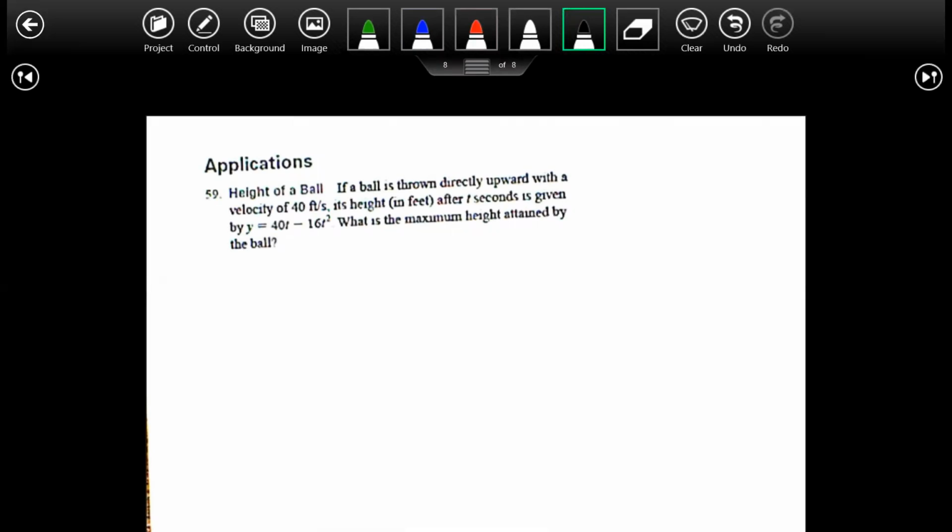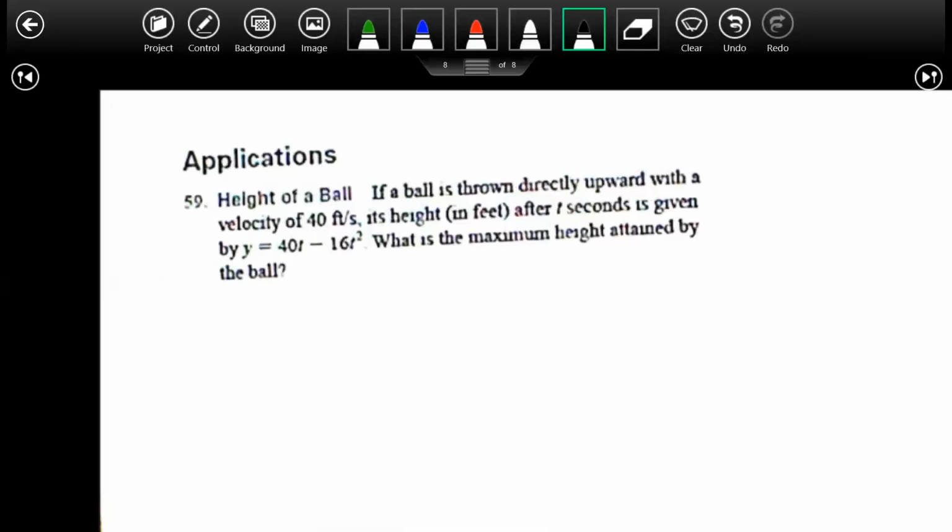So what I'm going to do here is go ahead and copy down this equation. y is equal to 40t minus 16t squared. Now, is this in the ax squared plus bx plus c form? No. Let's rewrite it so that it is.